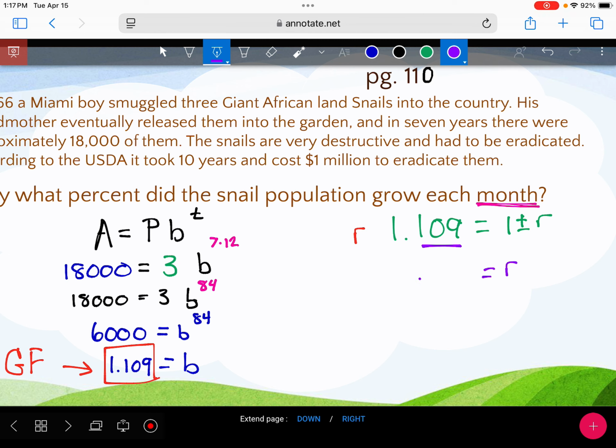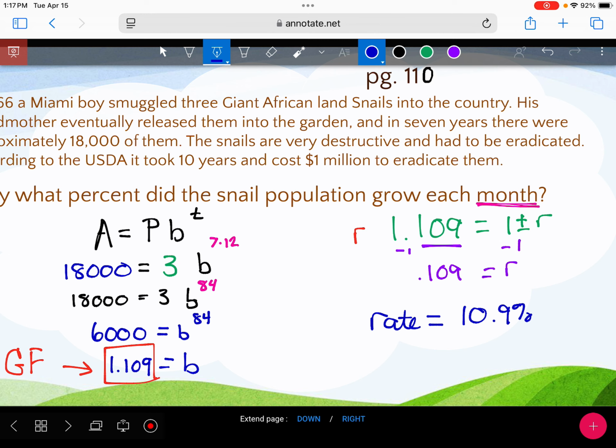So our R is that 0.109. We subtract 1 minus 1. Which means our growth rate as a percent was 10.9%. So the population grows by almost 11% every single month.